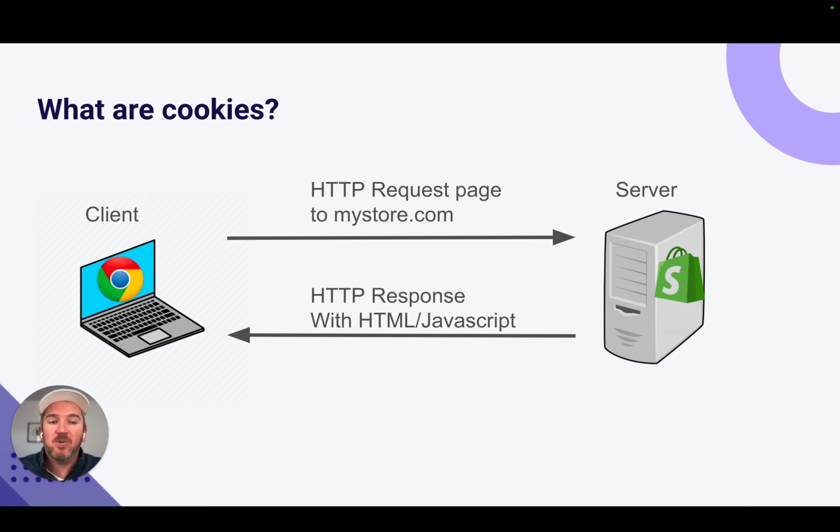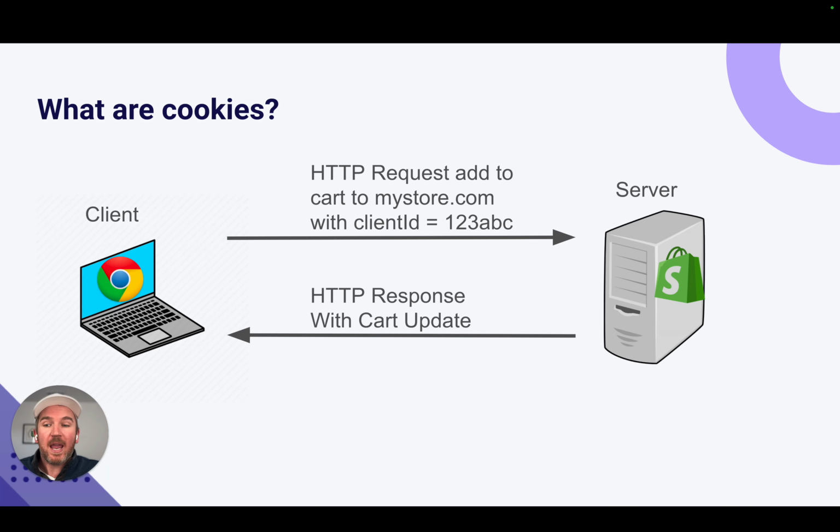And often we use it to identify individual clients from the server. So when Jake, now in his Chrome browser, has gone to mystore.com, looked at the page, and decided he wants to buy my product, he adds the product to cart.